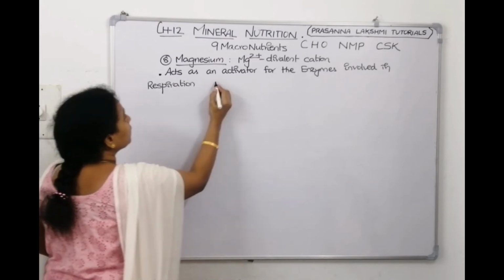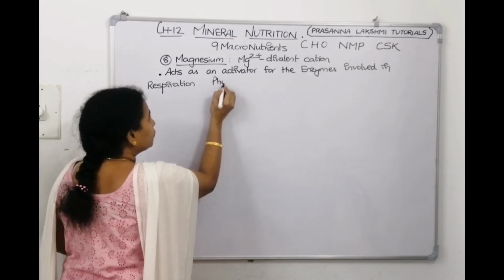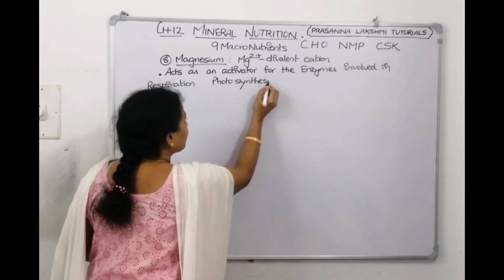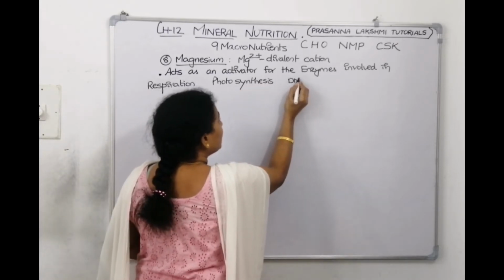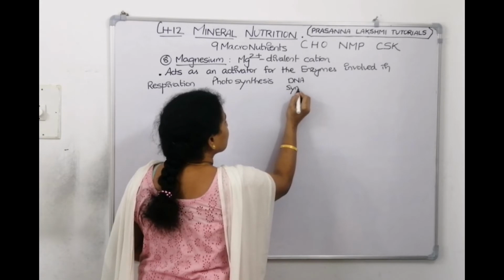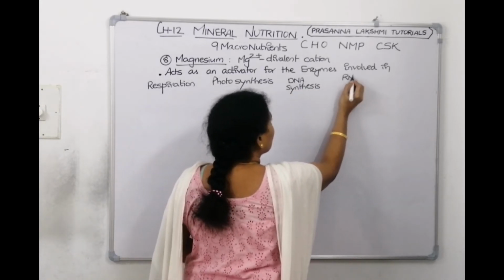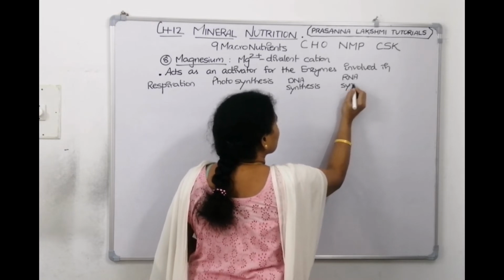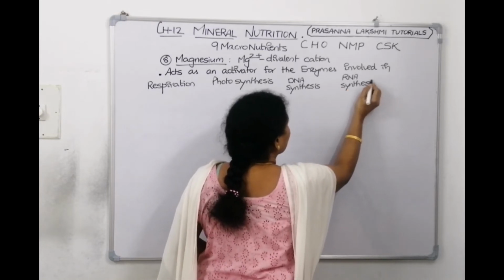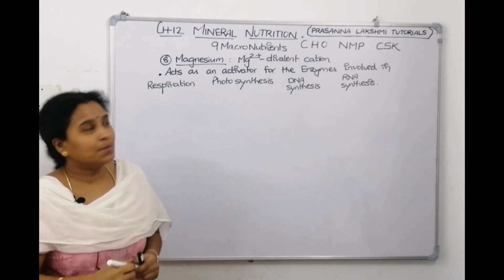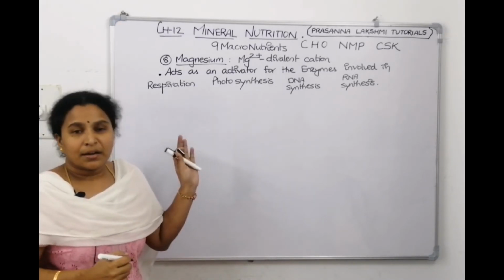Next process, we will write down photosynthesis. Next process, we will write down DNA synthesis. And next process, we'll write down RNA synthesis. So, we are telling that magnesium is required for activating the enzymes which are involved in respiration.